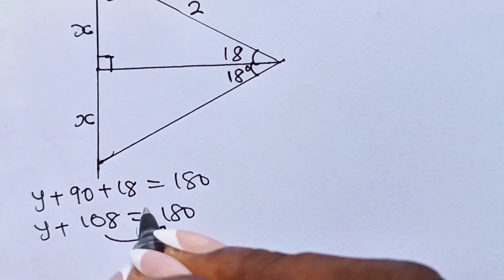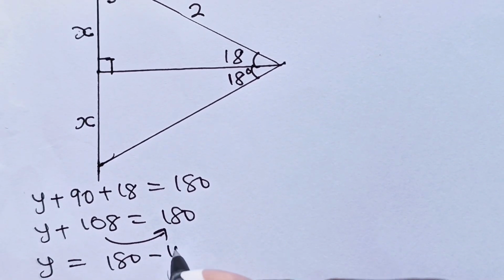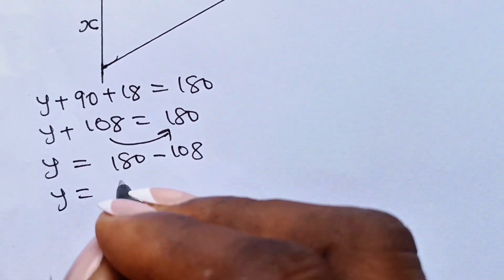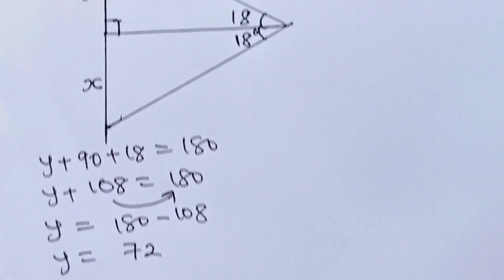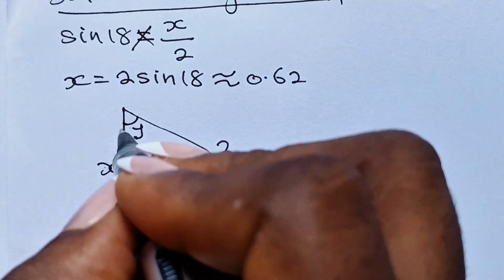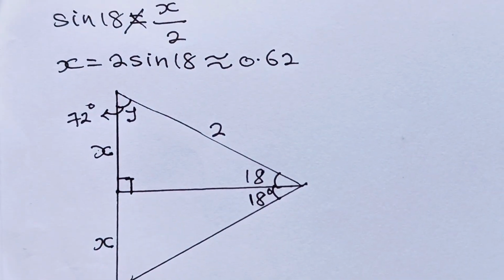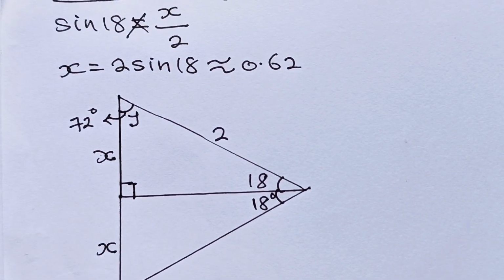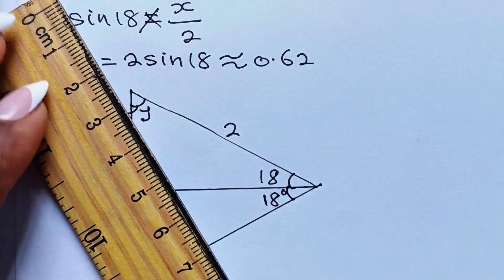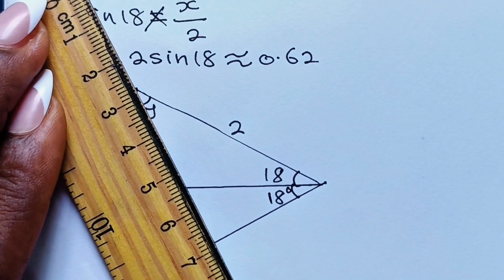Taking this to the other side, y is 180 minus 108, so y is 72 degrees. Now let us bisect angle y.